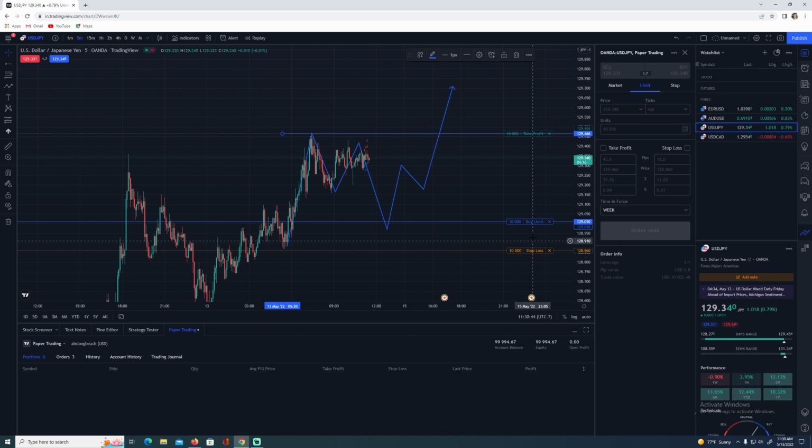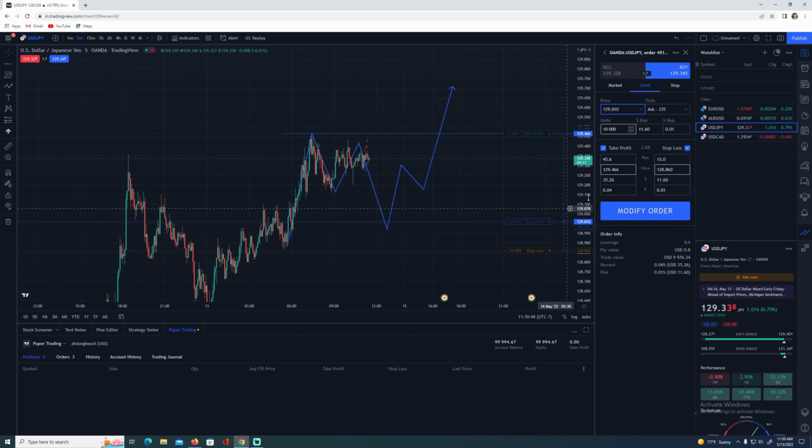And if that happens, if price gets up here, our take profit is going to get triggered, and we're going to make $35. And if it goes down instead, and it keeps going down, that'll be a loss, and we'll be losing $11.60. That's how we place a limit order, okay?